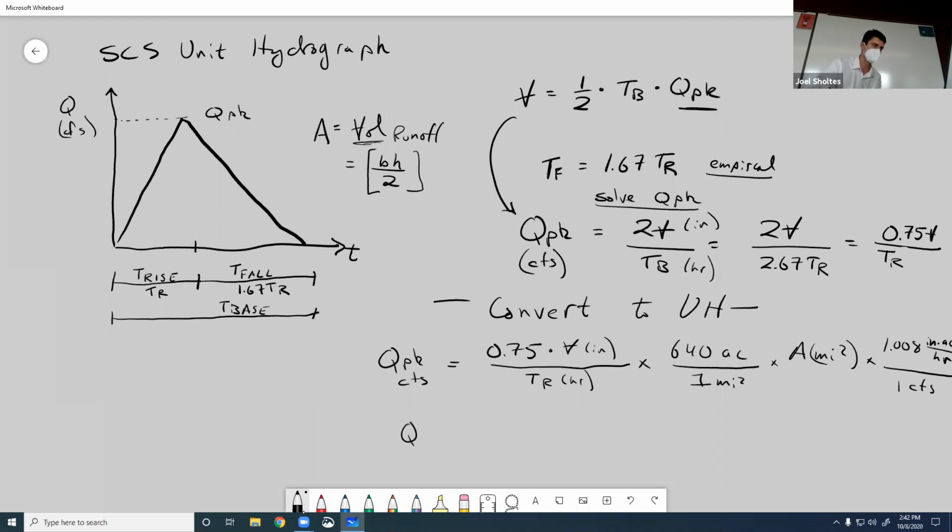So now our Q peak equation has some other parameters in it. All those numbers come out to be 484 times area, which has units of miles squared, times volume, which has units of inches, all over TR with units of hours.